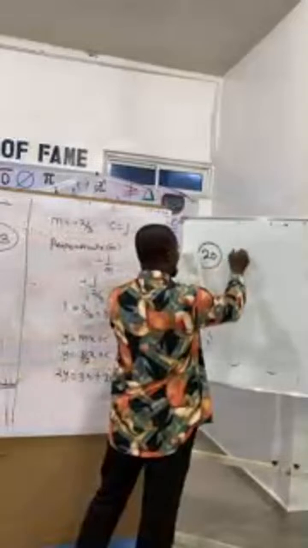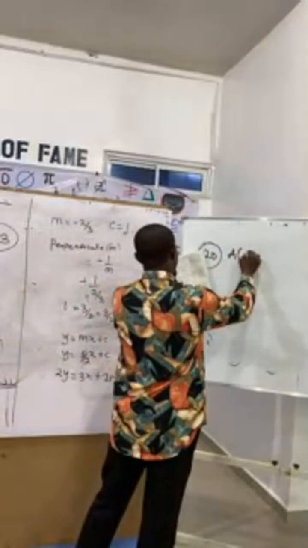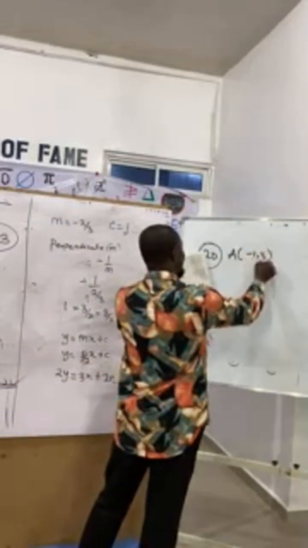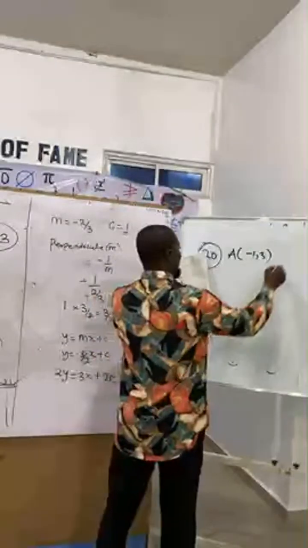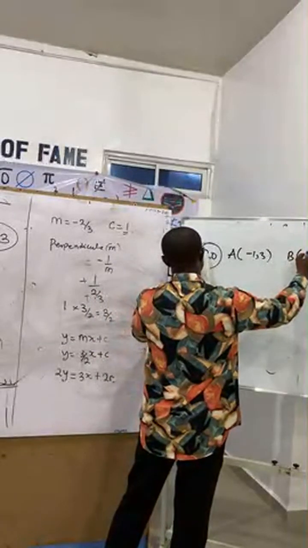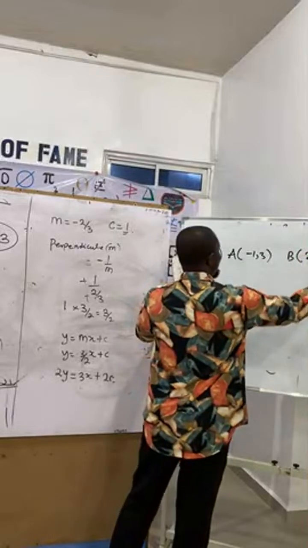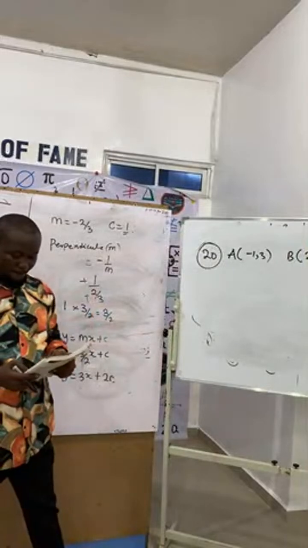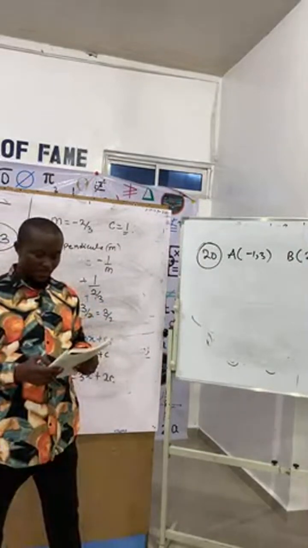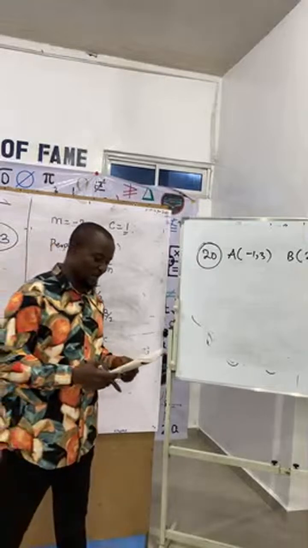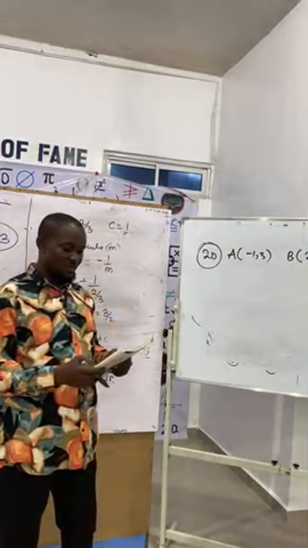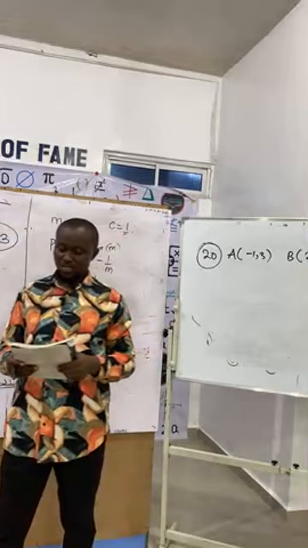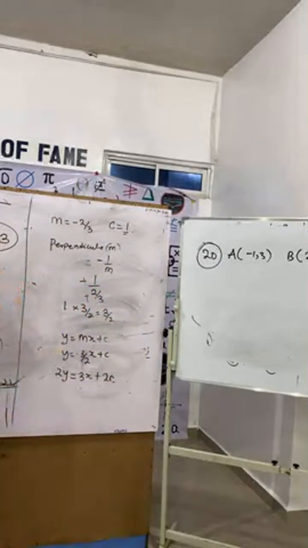We give the first point A (minus 1, 3), then point B (2, minus 1). What is the equation of a straight line through those points? The first thing you do is to find the slope.